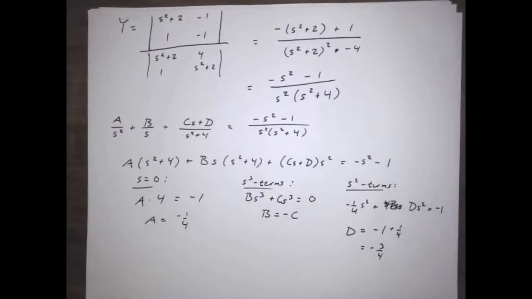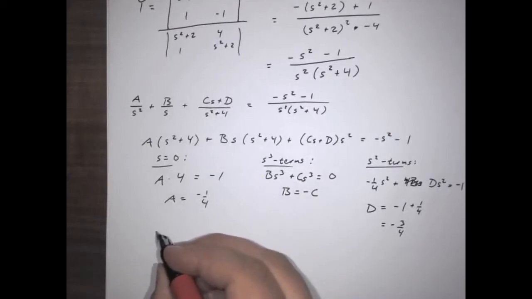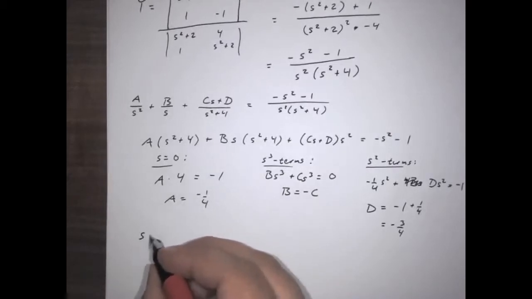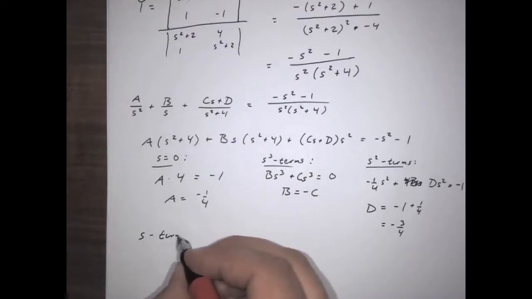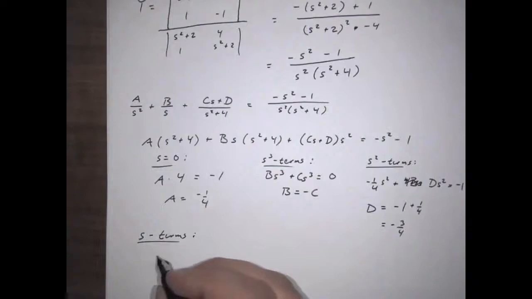Okay. So then we still need the c, so we can get that from the s terms. From the a, there's not going to be any s terms. From the b, there will be: b times s times 4.